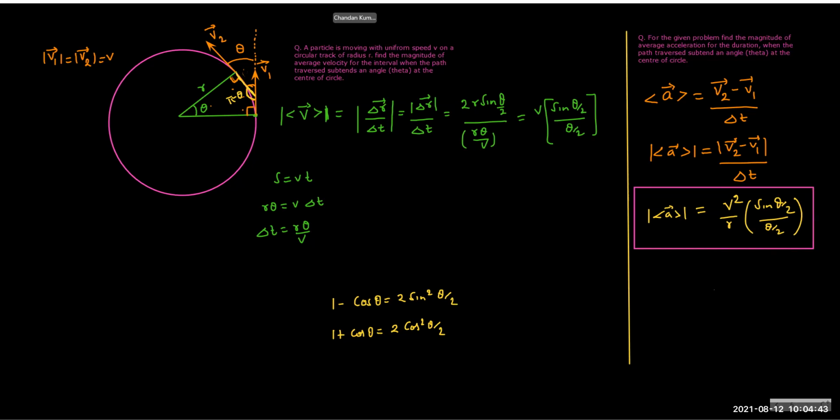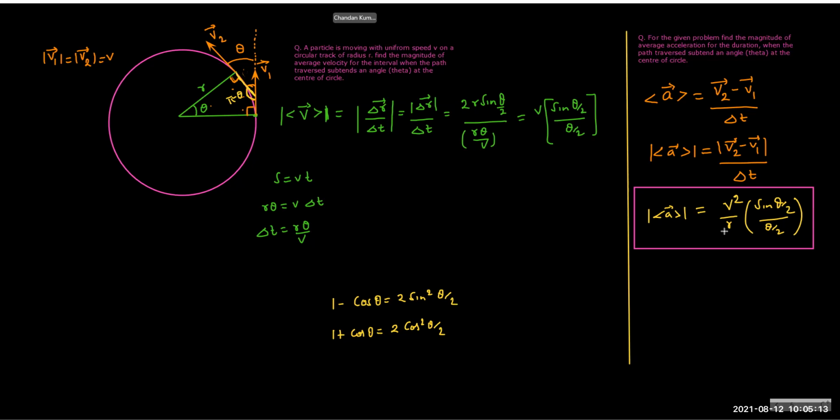I did the resolution technique that under root v1 square plus v2 square minus 2 v1 v2 cos theta. Both have the same magnitude, so it will become 2v square minus 2v square cos theta, and we will take v square out. That's right. That's the right way of doing it.